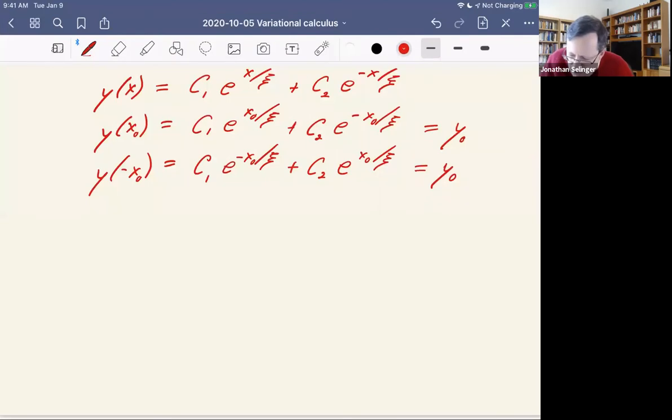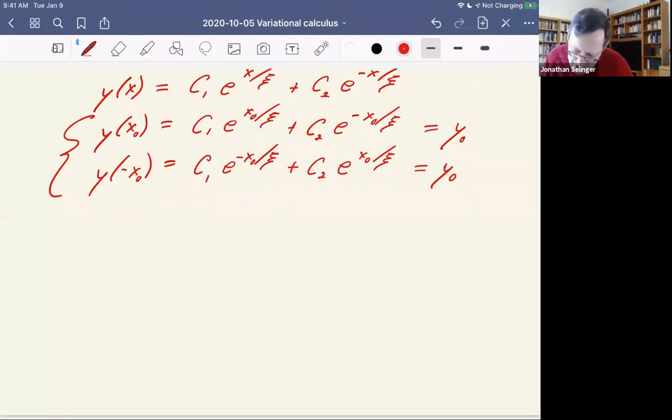Okay, how do I solve this? Well, this is two equations in two unknowns, right? C1 and C2. So I could do something like adding or subtracting the equations. How about if I subtract them?